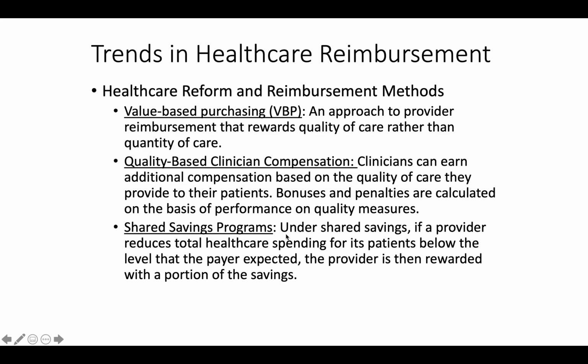Shared saving programs. Under shared saving, if a provider reduces the total healthcare spending for its patients below the level that the payer expected, the provider is then rewarded. So let's say the cost of providing services for the entire year is 100 million.